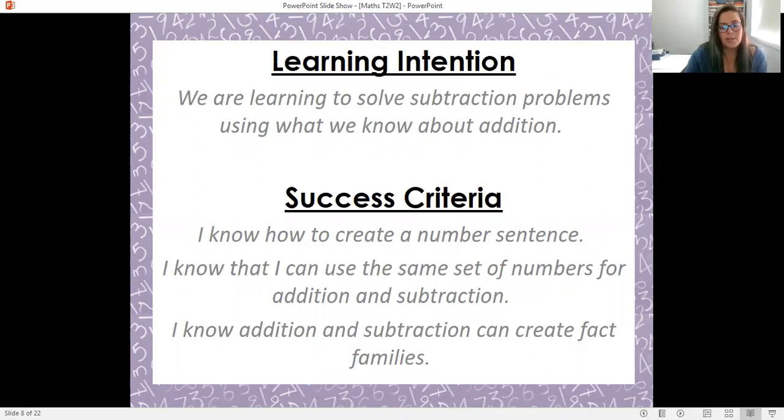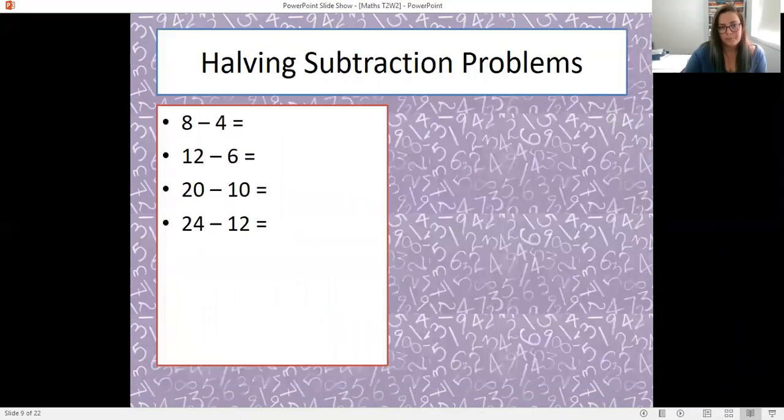Alana has gone on with how to create fact families, and you should be super good at creating fact families by now, and that is part of your success criteria. You will know you are successful if you can create a number sentence, use the same set of numbers for addition and subtraction, and know that addition and subtraction can create fact families, which you have already been practicing.